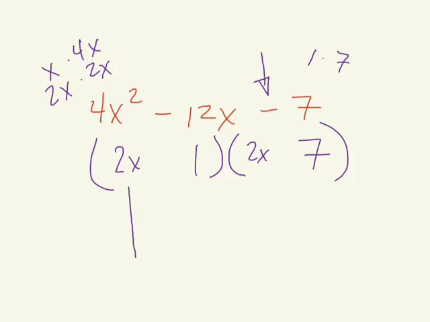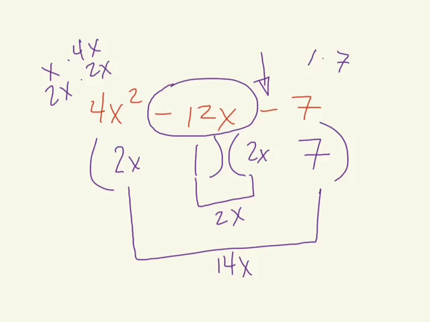So look, when we multiply outside terms, we're going to get 14x. When we multiply inside terms, we're going to get 2x. We want to eventually get this right here, negative 12x. So we're wanting this to be negative 14x. The way it becomes negative is if this 7 is negative. We're wanting this to be positive. The way it becomes positive is if this 1's positive.